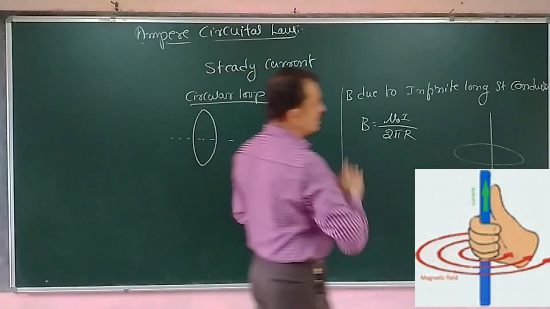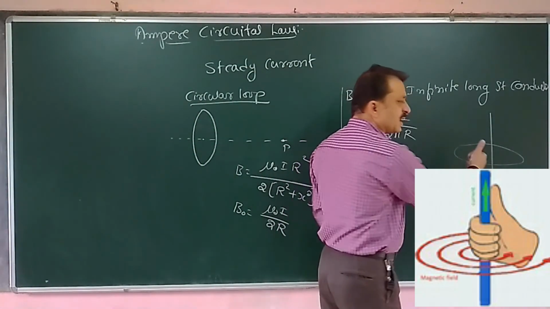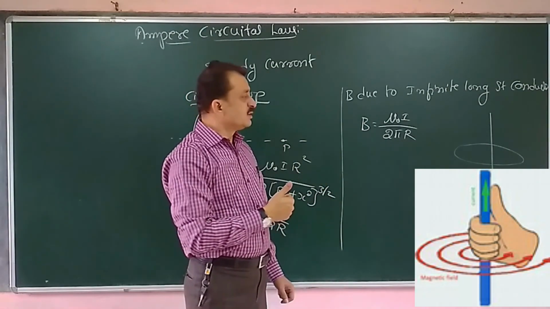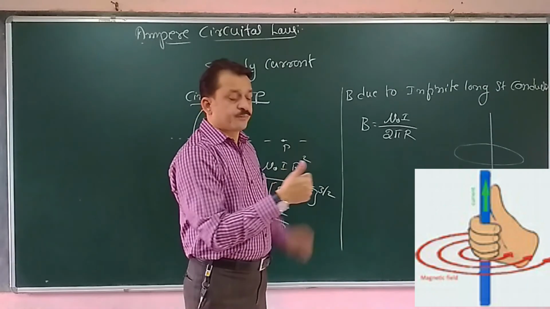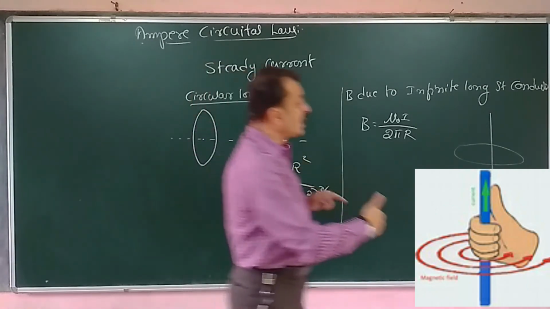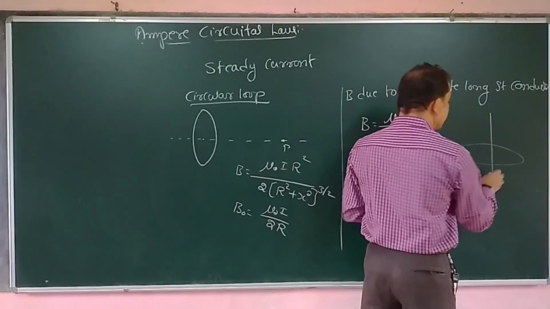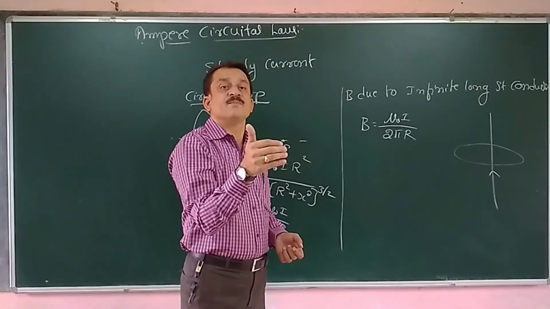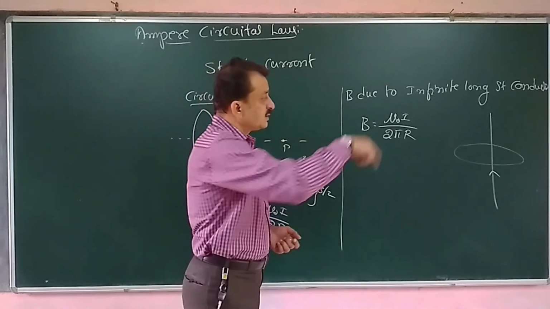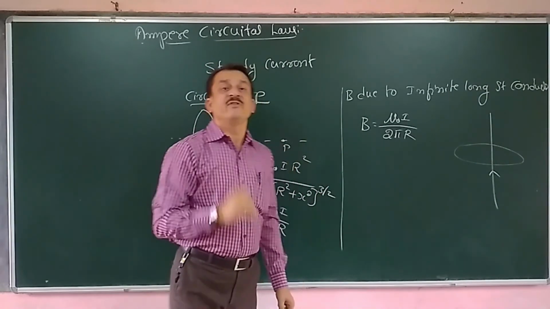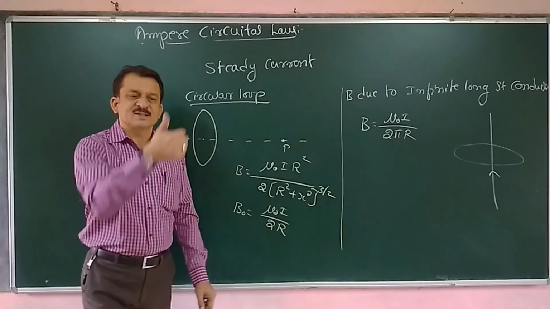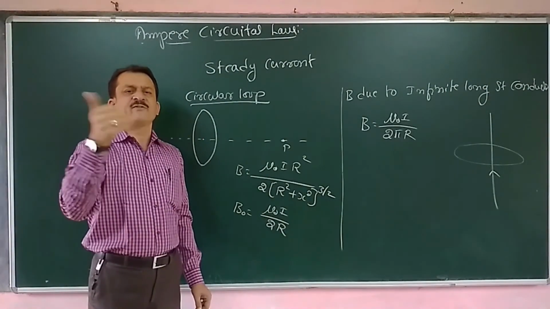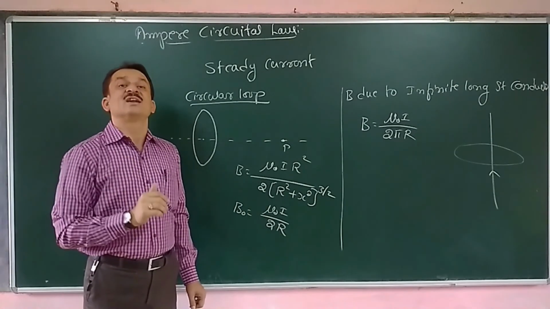Now in this case here, if you grasp the current carrying infinite wire such that the thumb represents the direction of the current, then the encircled four fingers represent the direction of the magnetic field. So that means in the case of the right hand rule, these set of fingers play an alternate role.